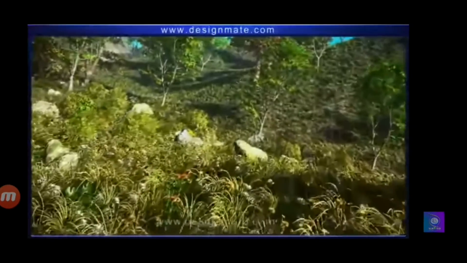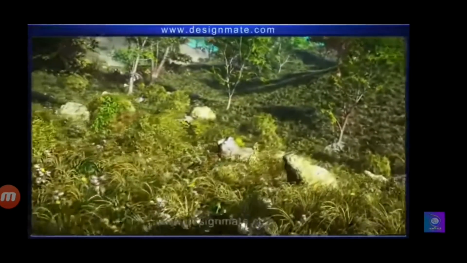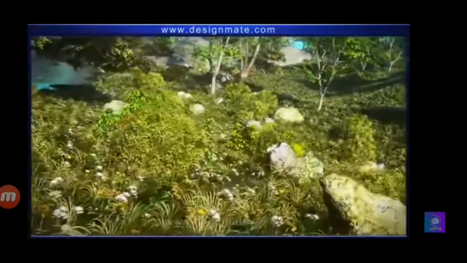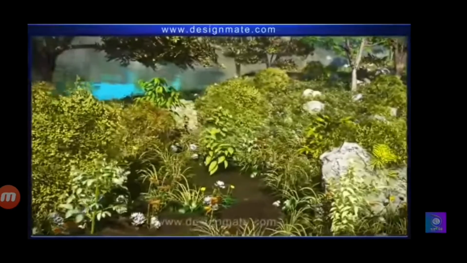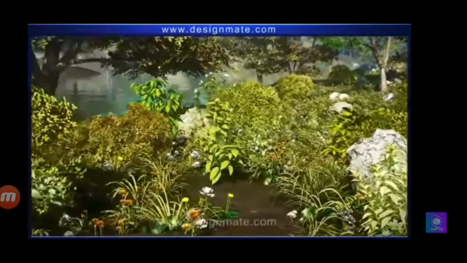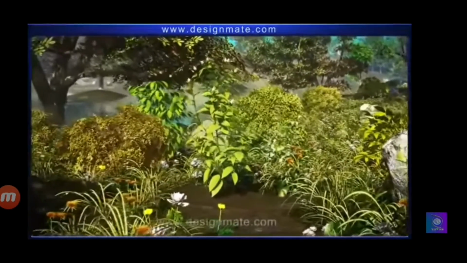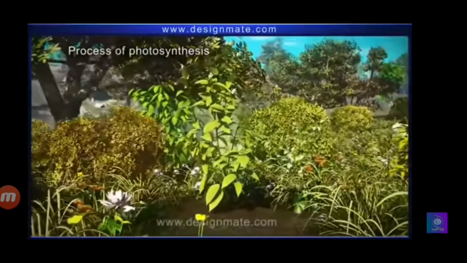Okay, look around at all the green nature of the ecosystem. Plants are absolutely necessary for photosynthesis.